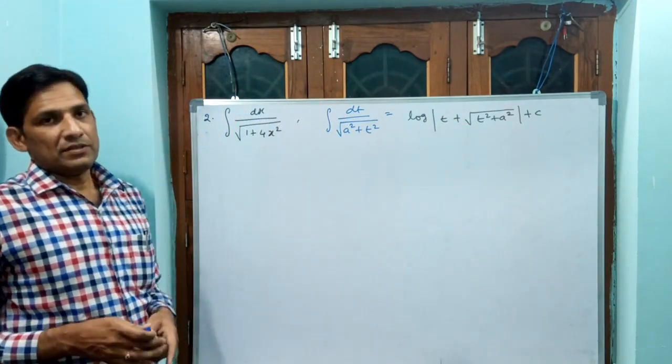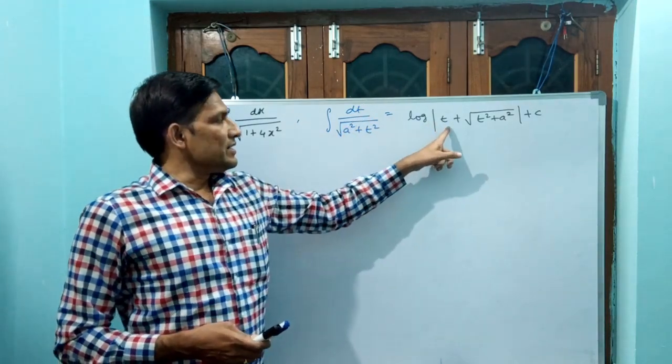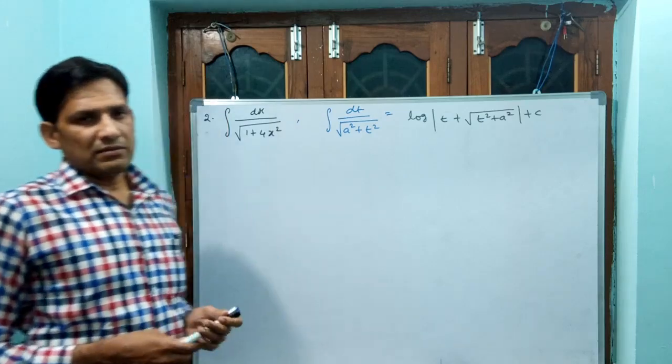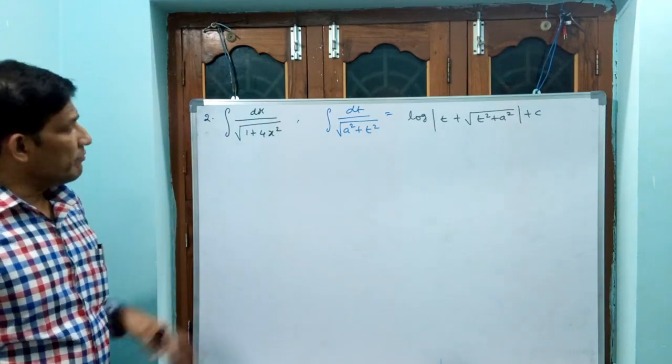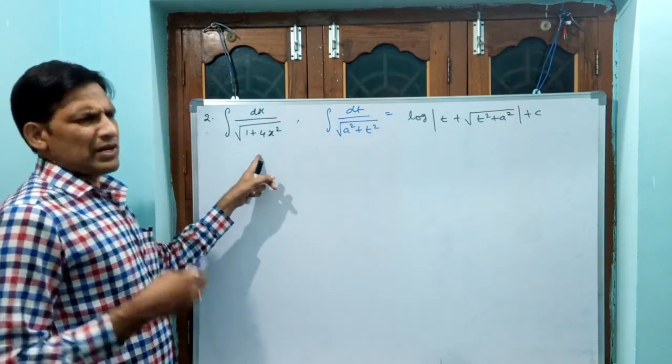For this, why? Because see, dx, x square, then here x square plus a square. Like this we have to think. Now compare both. Then a square will be 1, a will be 1.